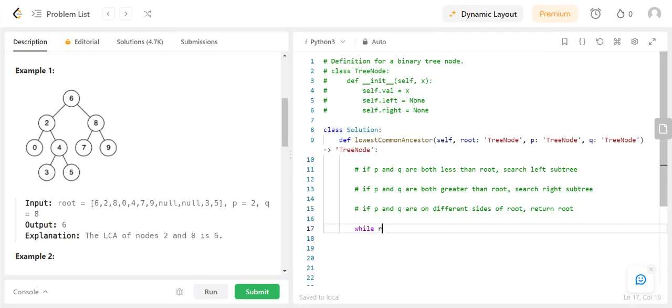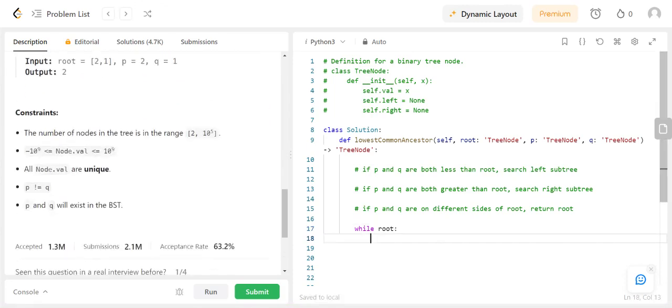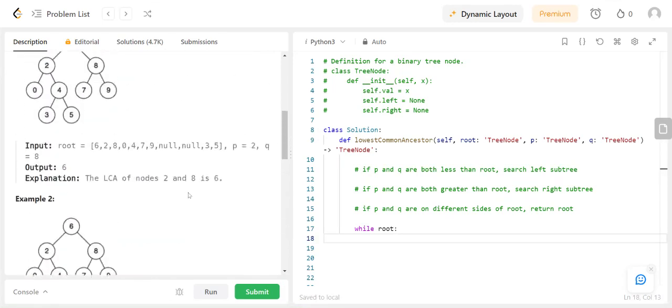So let's code this. While root, and we know that this is not going to be an infinite loop because we are guaranteed a solution, right?